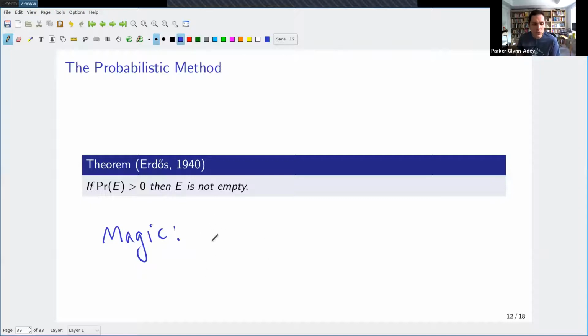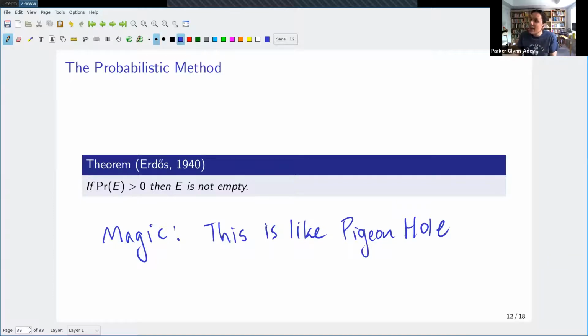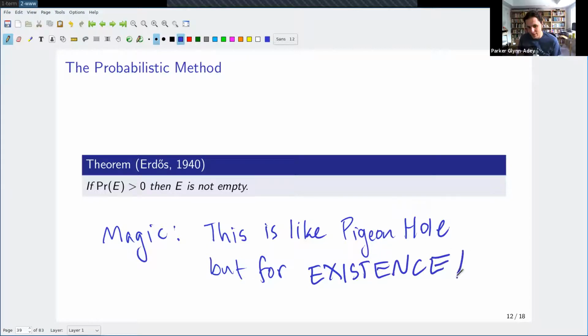But what this lets you do is like total magic. This is like the pigeonhole principle. If something is big, then we get a conclusion. But for existence, huge mind blow.